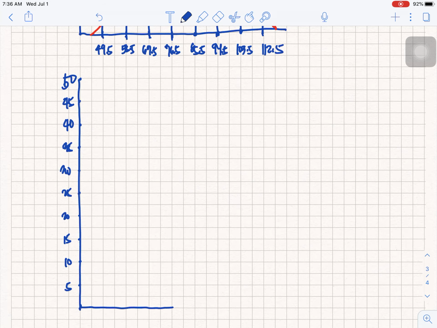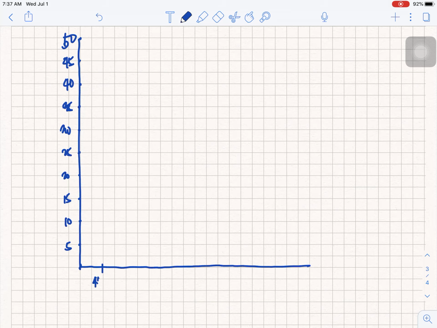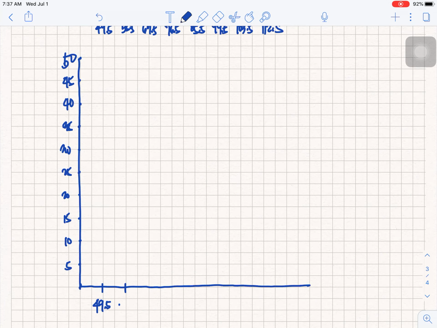Then for the class boundaries, we have there 49.5, then 58.5, then 67.5, then we have 76.5, then 85.5, then 94.5, then 103.5, then 112.5.